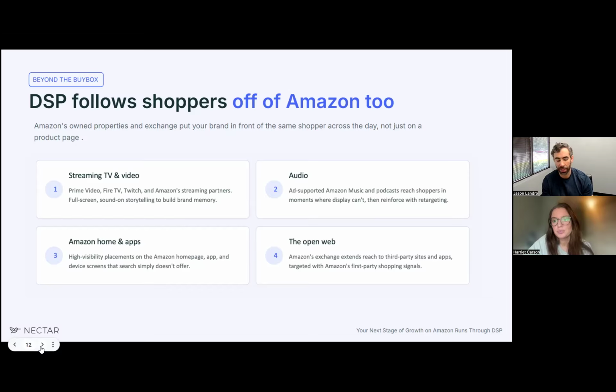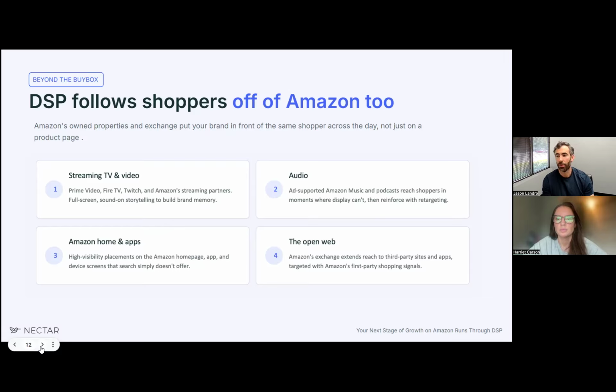Going back to what I said earlier, we talk to a lot of brands who say, I tried DSP two or three years ago, it didn't work too well. I would say the quality of the inventory has improved dramatically over the past 18 months, give or take three to six months. With the partnerships with Netflix and Hulu, Amazon has really scaled its Prime Video offerings in the past year or so, adding a lot more shows and a lot more live sports.